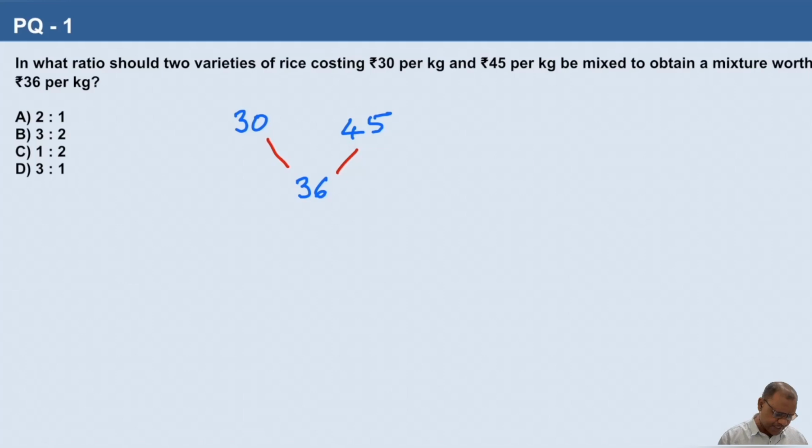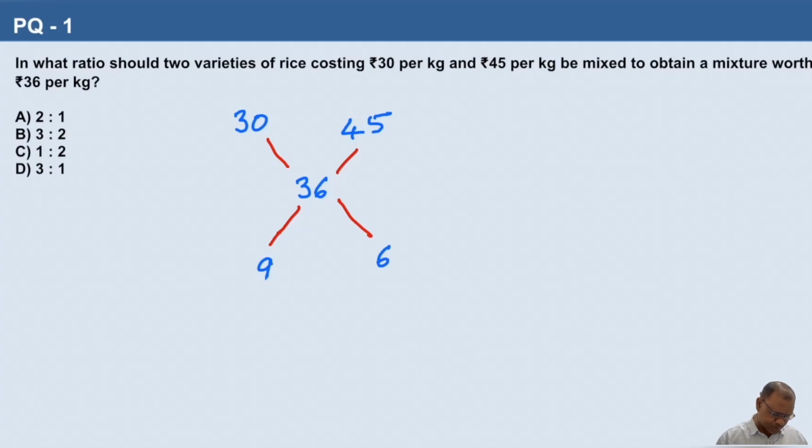When you subtract the mean from the costlier and the cheaper from the mean: costlier minus mean is 45 minus 36, which is 9. Similarly, mean minus cheaper is 36 minus 30, which gives us 6.